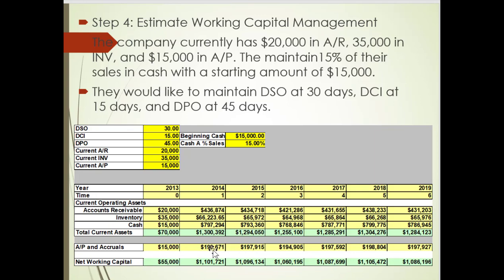And you can see that after the first year, the addition of this project changes the accounts receivable and inventory dramatically over these couple years because of this new project. So again, we end up with our net working capital then is just current assets minus our accounts payable and accruals.